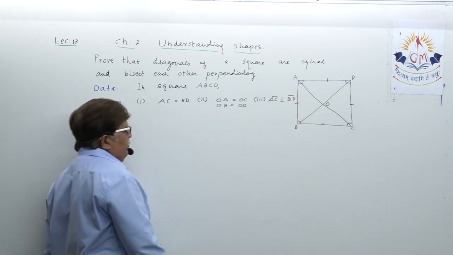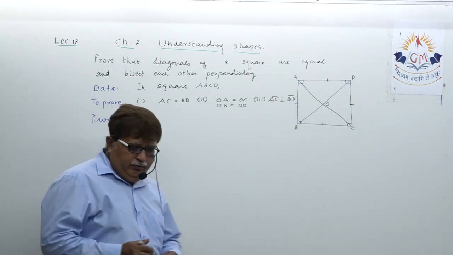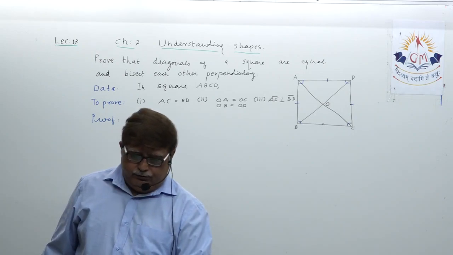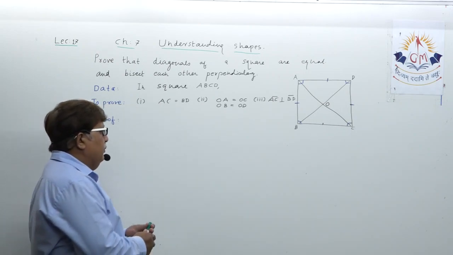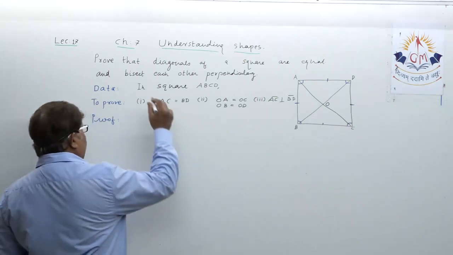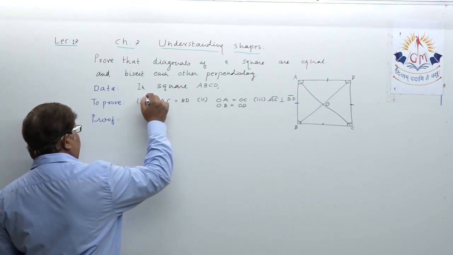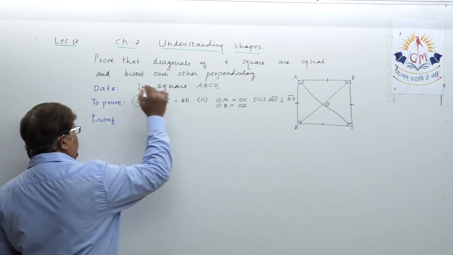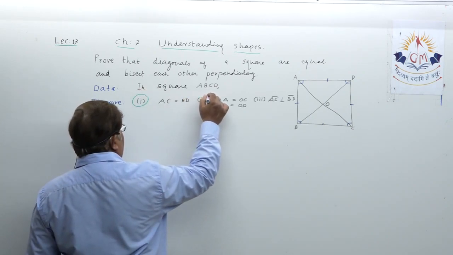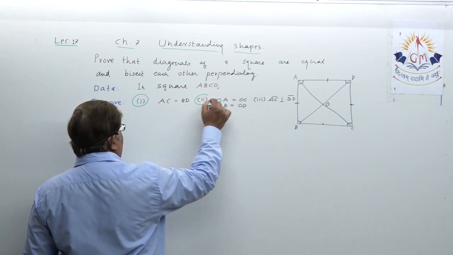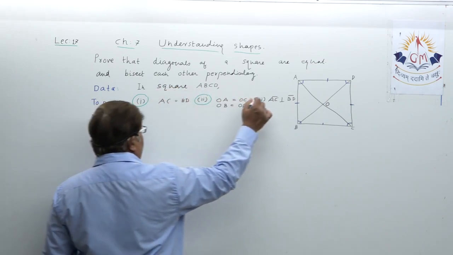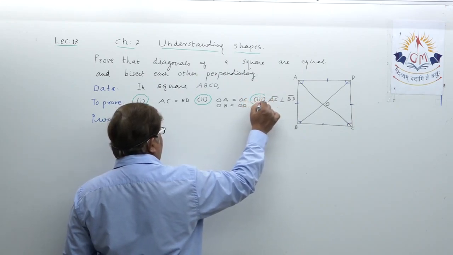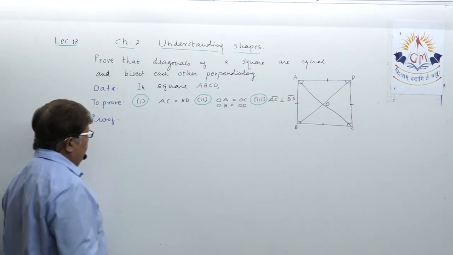perpendicular to BD. So actually, dear student, while proving this theorem, you are going to prove three important properties of square: diagonals equal, diagonals bisect each other, diagonals are perpendicular.